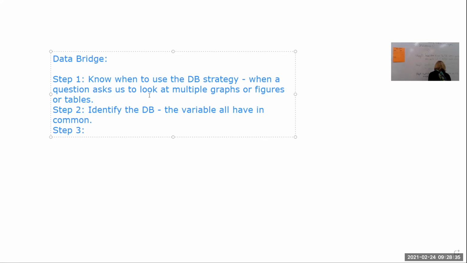Okay, start with the graph or figure, whatever, or table that has the variable in the question.